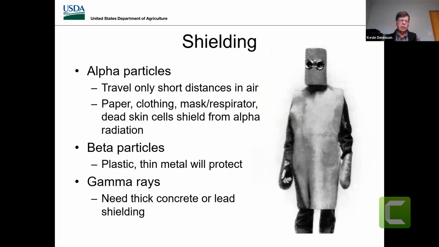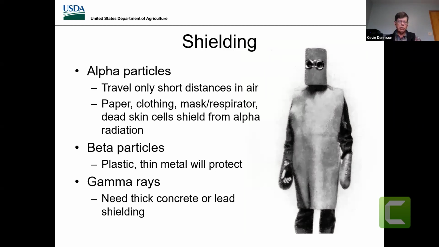And shielding is easy for alpha and beta and difficult for gamma. And we kind of talked about this. Alpha particles, really, both with alpha and beta, for the most part, we just don't want those getting inside the body. So use of personal protective equipment and making sure that you don't inhale or ingest those materials.